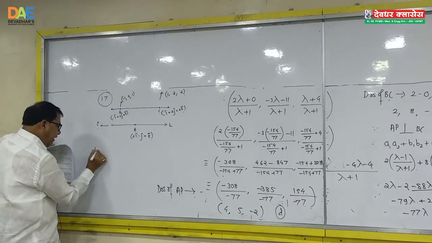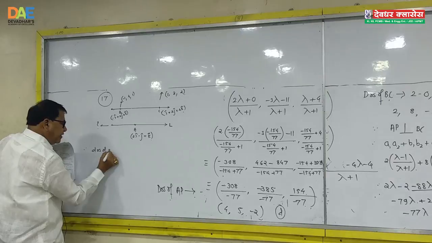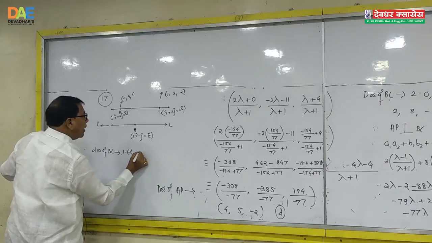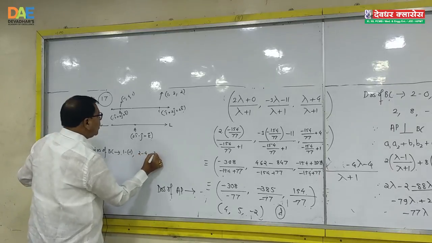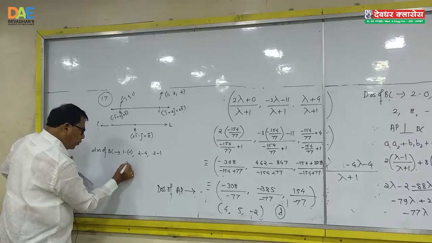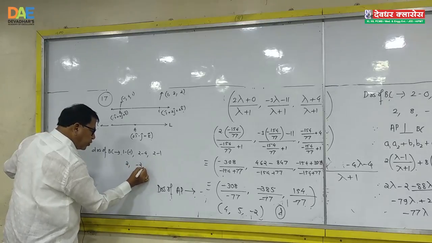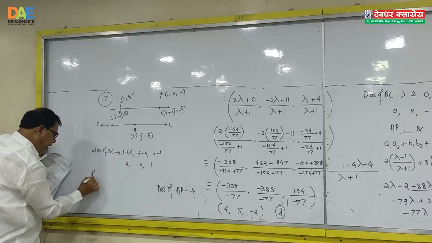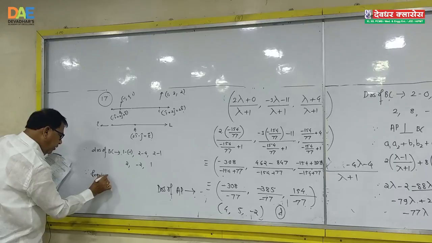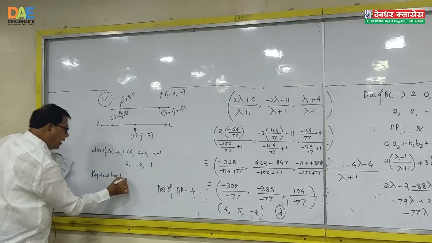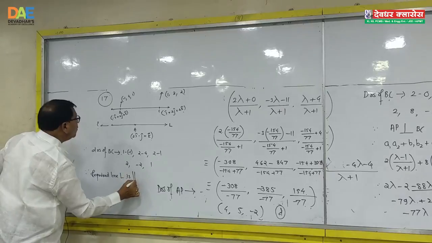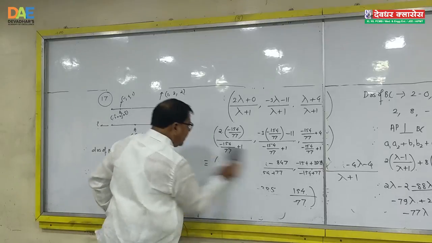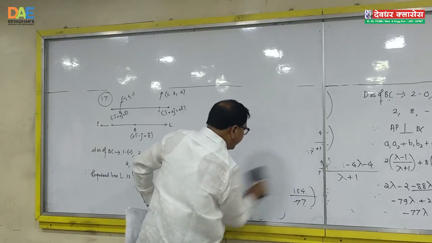Therefore, DRs of BC, that is 1 minus of minus 1, 2 minus 4, 2 minus 1, equal to 2, -2, 1. Basic. Now since the required line L is parallel to BC, therefore we consider the same DRs.